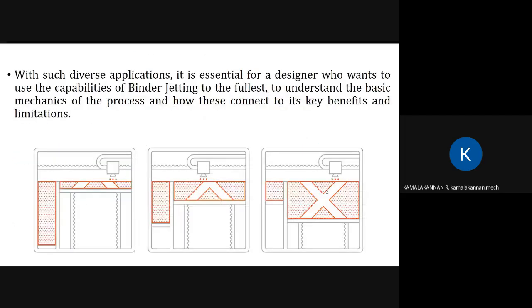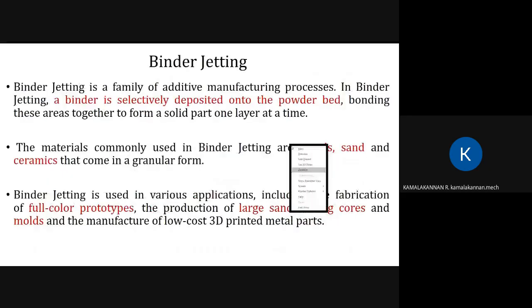So binder jet is a family of additive manufacturing processes. Yes, of course, because of that we are looking at it as one of its classifications. The important point is that here a binder is used for combining the powder materials.